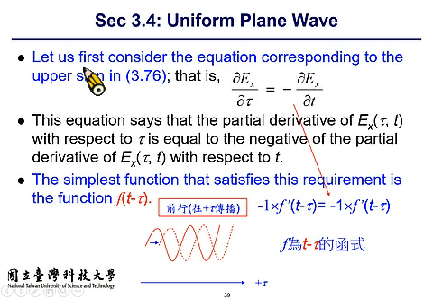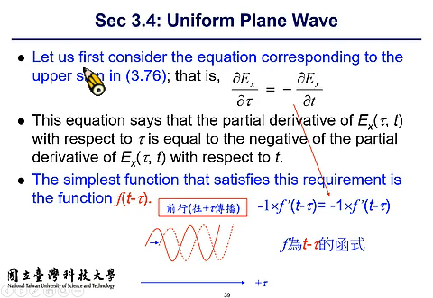So if you substitute f into this relationship, to the left is the spatial derivative of f with respect to tau, so it becomes minus f prime, which is a function of t minus tau.